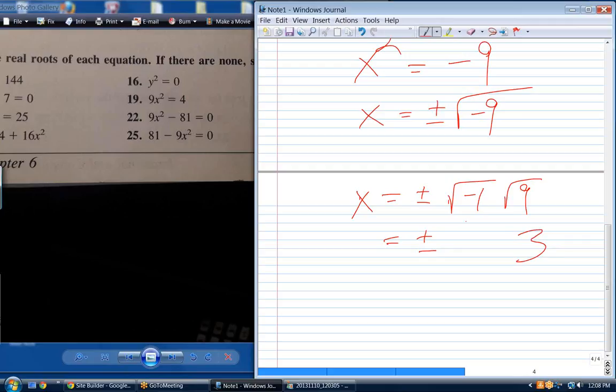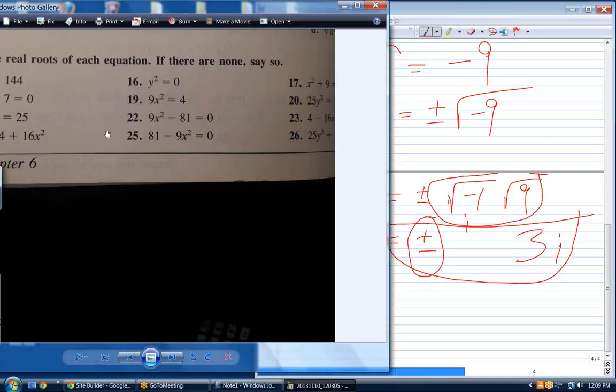Negative, plus or minus -1. No, that's i. That's what i is. Oh yeah, that's right. This is all coming back to me from this week. Okay, so this answer is plus or minus 3i. You need both the plus or minus, and you need to take the minus 9 and separate it into that. Okay.